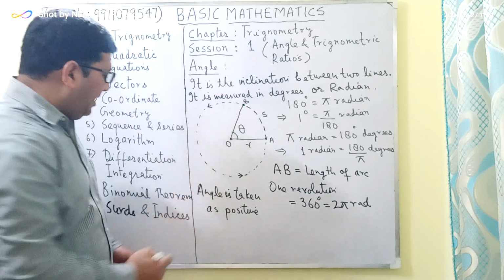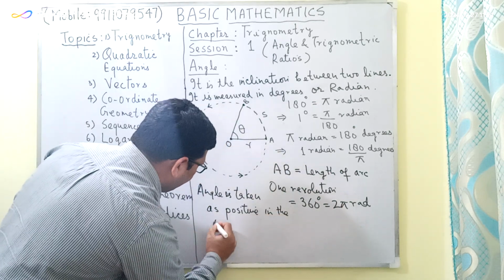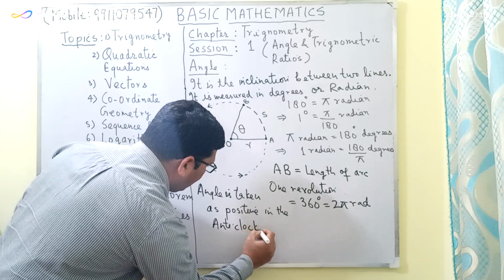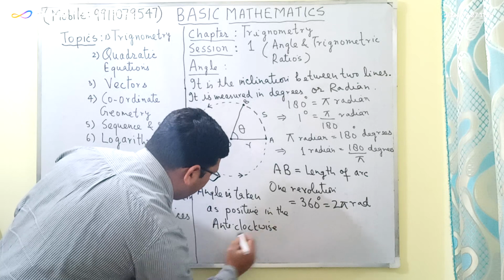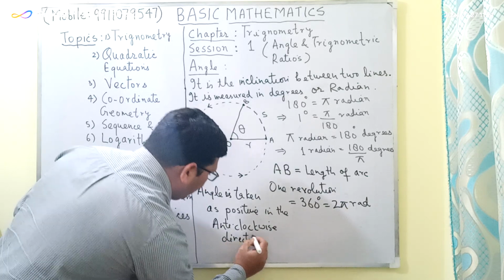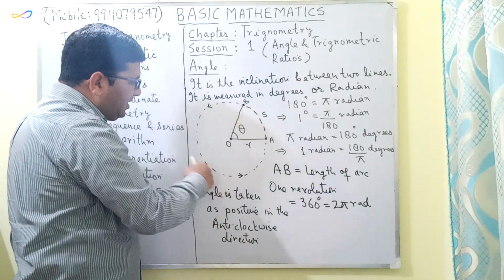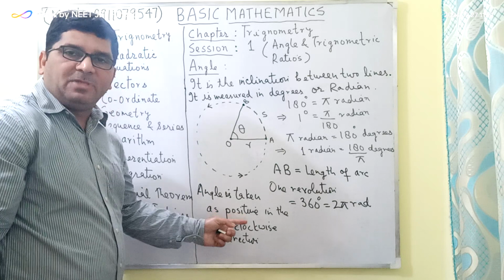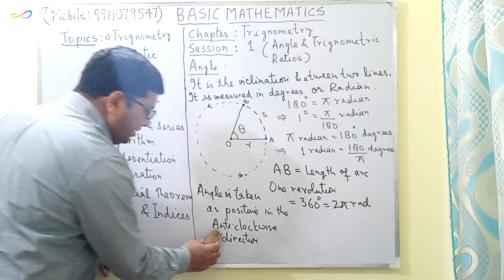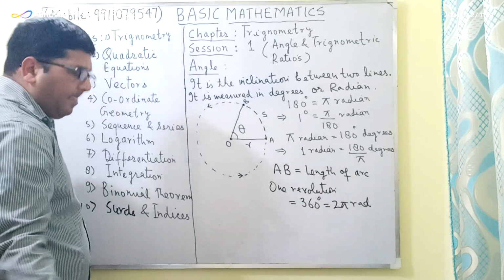And if we are measuring the angle in the clockwise direction, then it will be taken as negative. So this is one assumption which we follow.